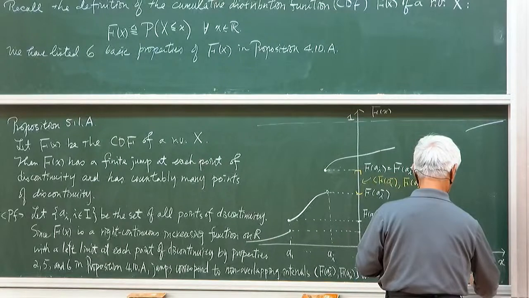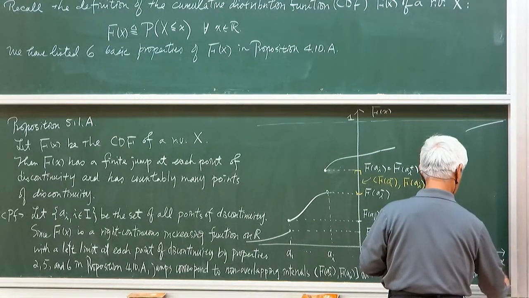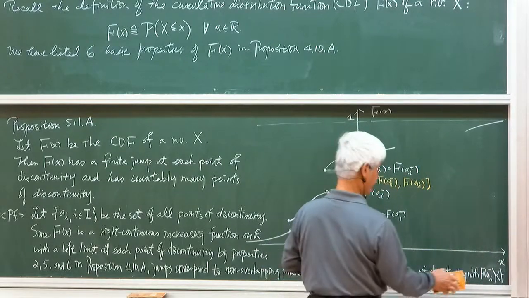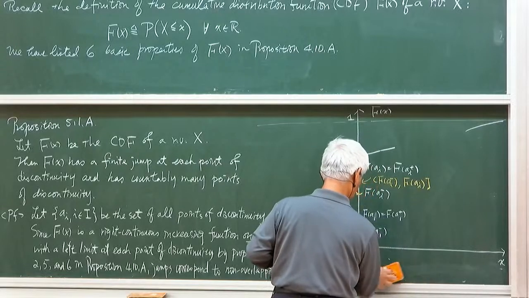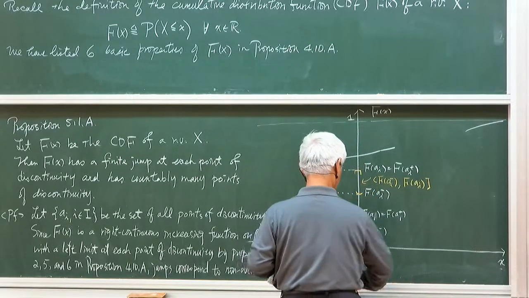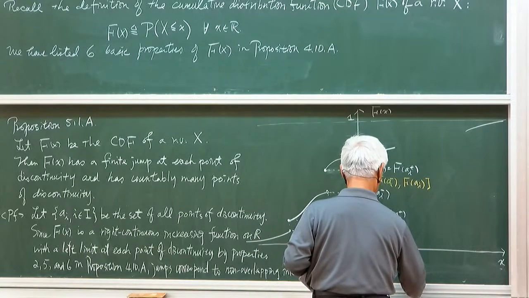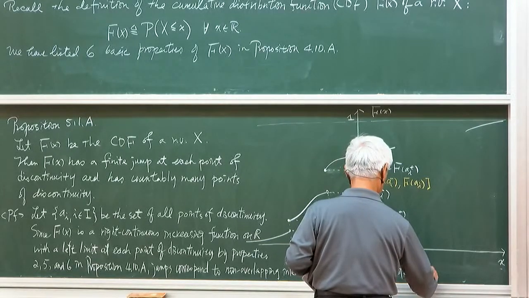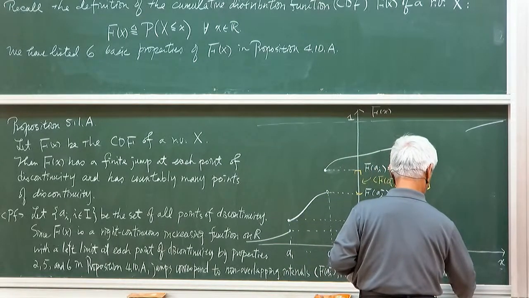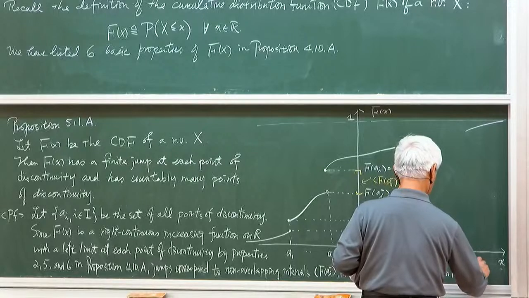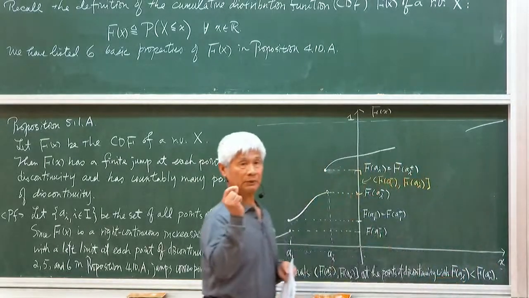We know F of a_i minus is less than F of a_i at points of discontinuity, so that we have a jump.